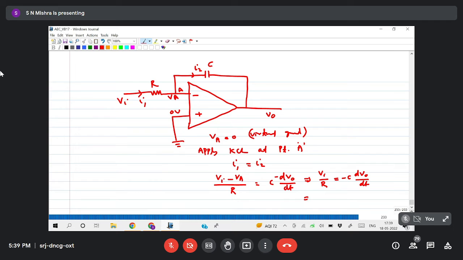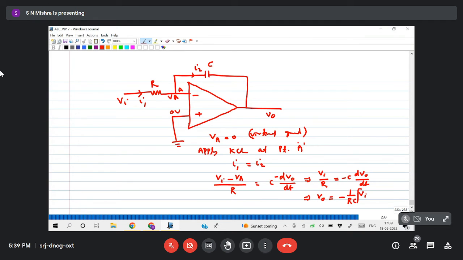What is my requirement? My requirement is to find V0. So take the capacitor and negative sign to the other side, so I'll get minus 1 by RC into Vi on the right side, and on the left side dV0 by dt. So I'll integrate both sides.